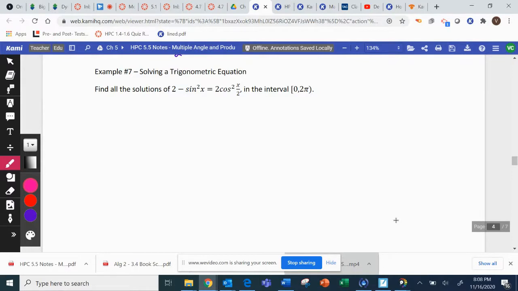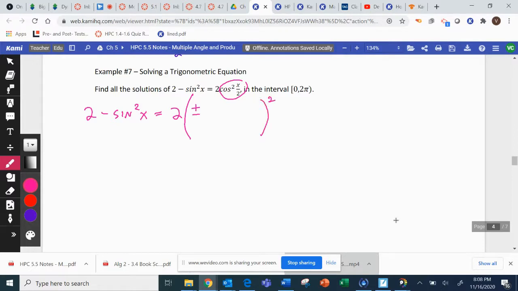Here we go. Find all the solutions. The first thing I'm going to do is take care of this part. So we've got 2 minus sine squared x equals 2, and then in the parenthesis I'm going to put plus or minus, using the formula for the half angle, and after that it's going to be squared.